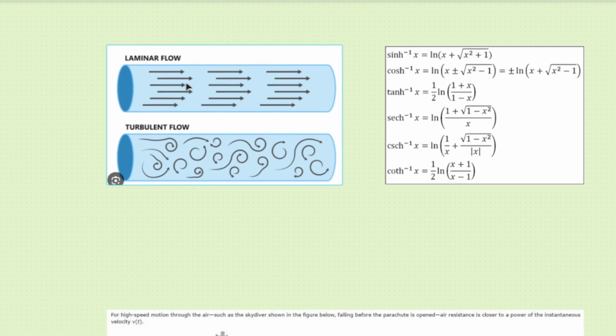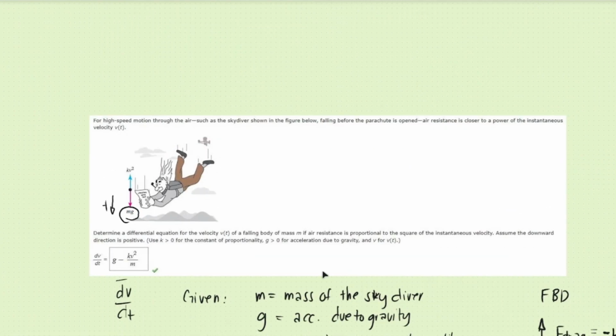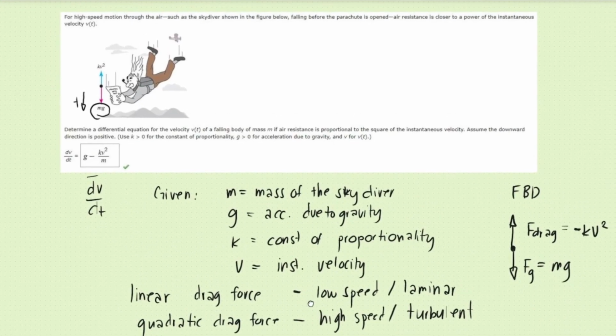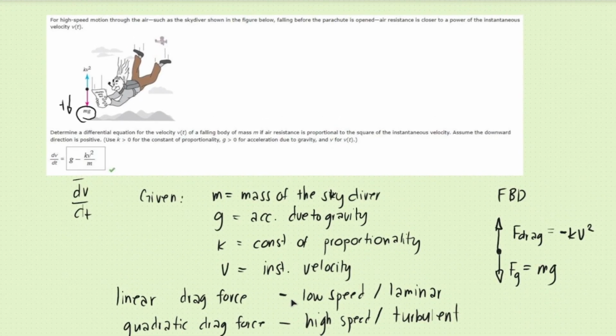It's not smooth and not pointing in one direction. That's the difference between linear drag force and quadratic drag force. So remember, for laminar flow we use linear drag force, where F drag is equal to negative bv.